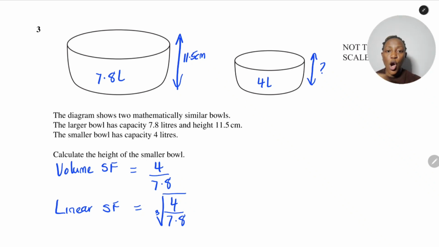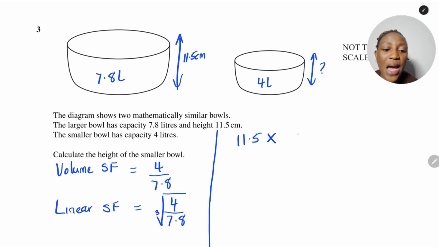Now that we're going in the opposite direction, since we have the volume scale factor, we are going to find the cube root of the volume scale factor to find the linear scale factor. Now, this is our linear scale factor. What do I do with it? I multiply it by the given length in the bigger one. Okay, so the height of the bigger bowl is 11.5, multiplied by our linear scale factor.